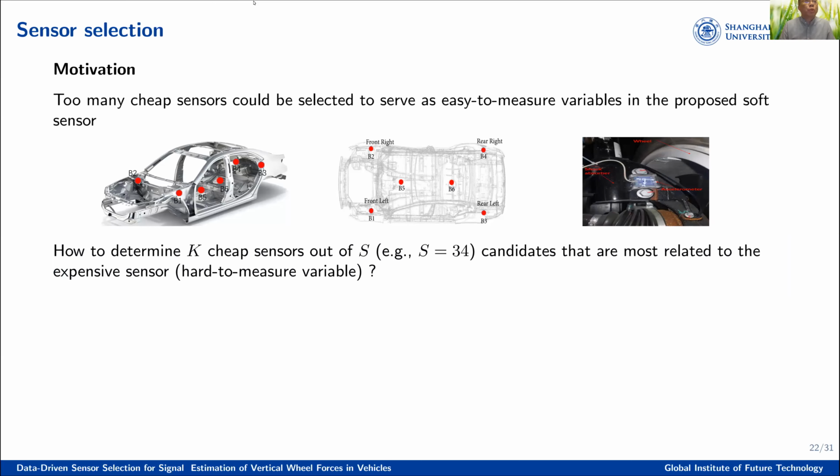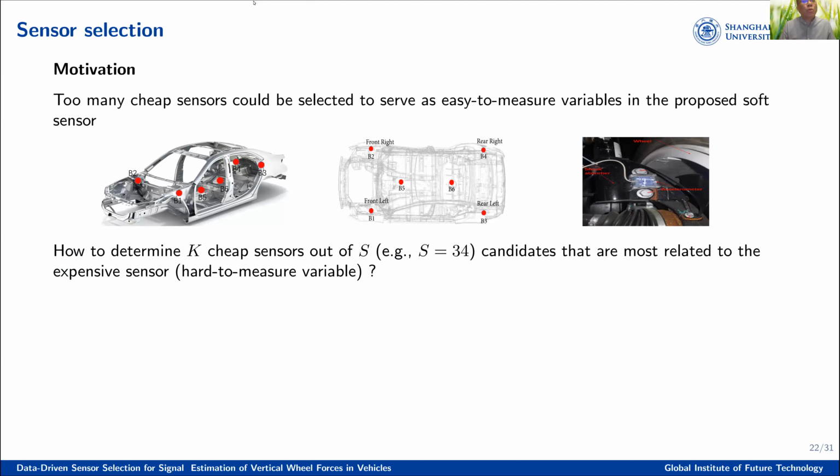The motivation of continuing this work is trying to identify the K cheap sensors, out of S of them, that are most related to the expensive sensor.